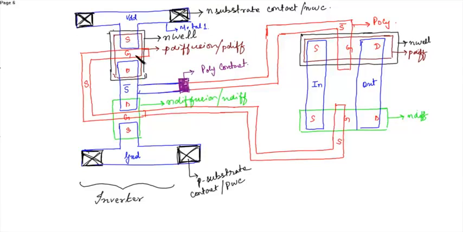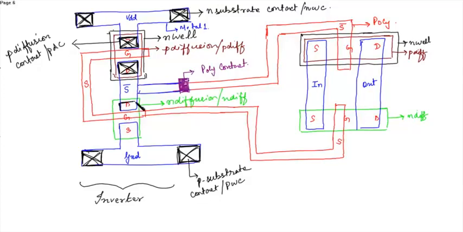Now after placing the substrate contacts, you have to place the diffusion contact. That is a connection between the P diffusion and the metal here. So place a P diffusion contact. This is the P diffusion contact or the PDC contact.